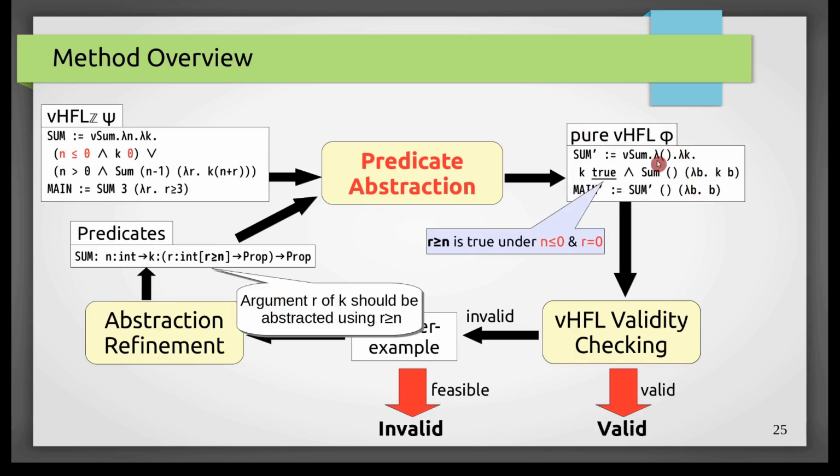Here, k of true corresponds to k of 0 here, and true is derived from the fact that R no less than n is true, and n no greater than 0, and R equals 0. The right hand side is also abstracted in the same manner.